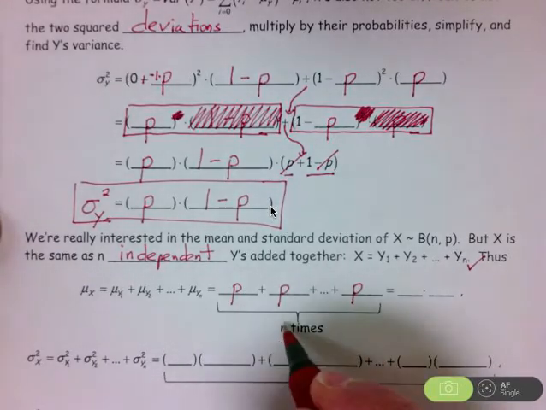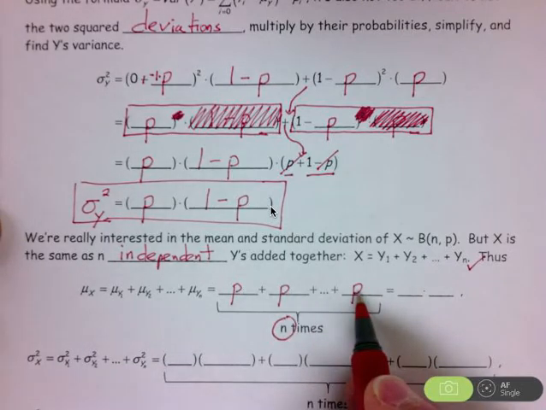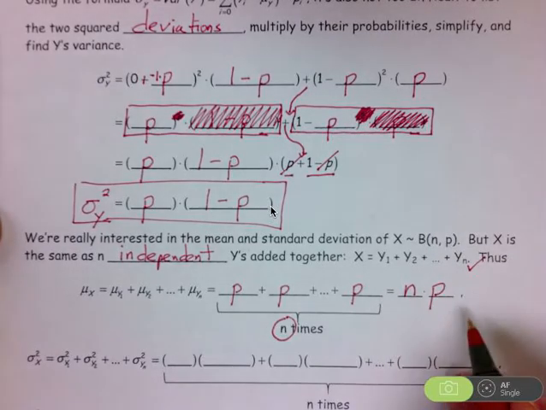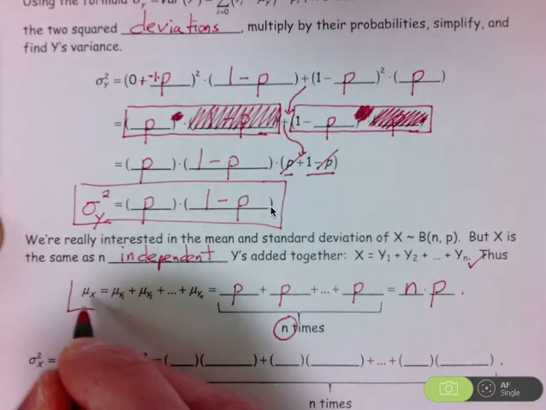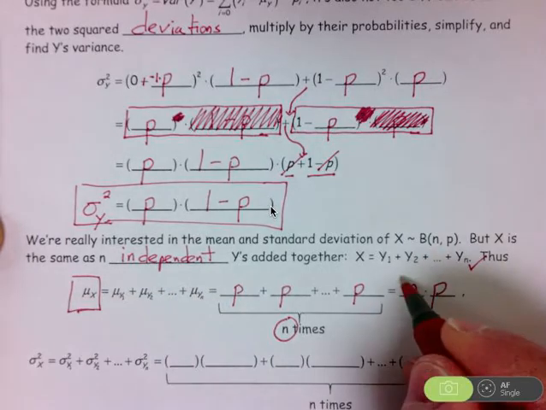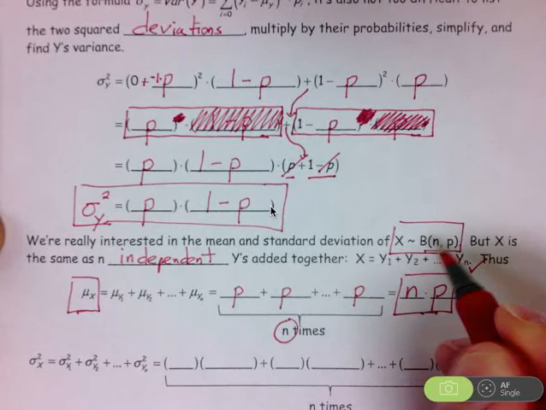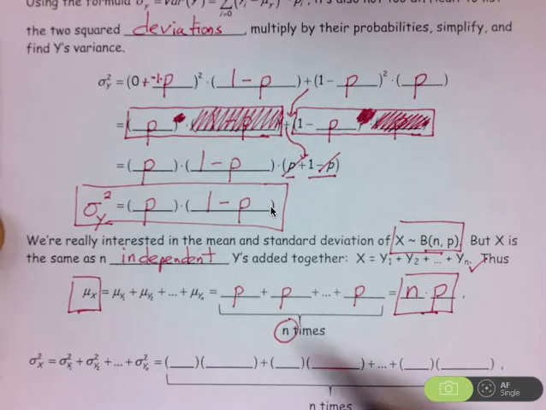I had to add n of these y's together. So there are n p's right here. So the simplest way to write this is n times p. And that is the expected value, or the mean, for the binomially distributed random variable x. The mean is n times p.